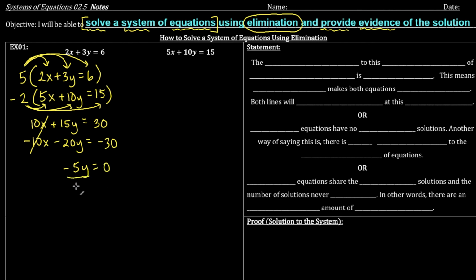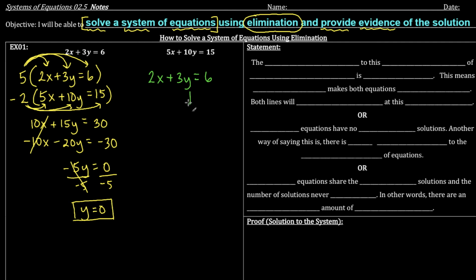I will have to divide by negative 5. So y equals 0. Now, let's substitute this into one of these equations. I like this first one, it's smaller. So 2x plus 3y equals 6.